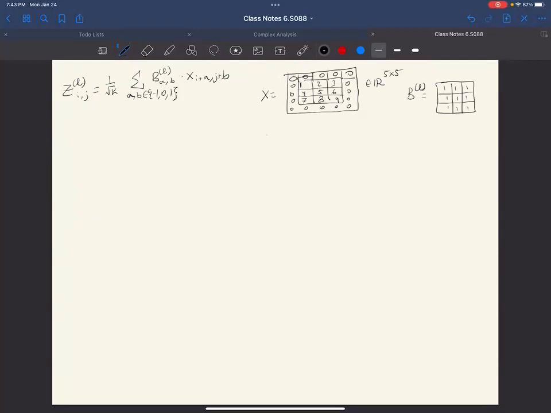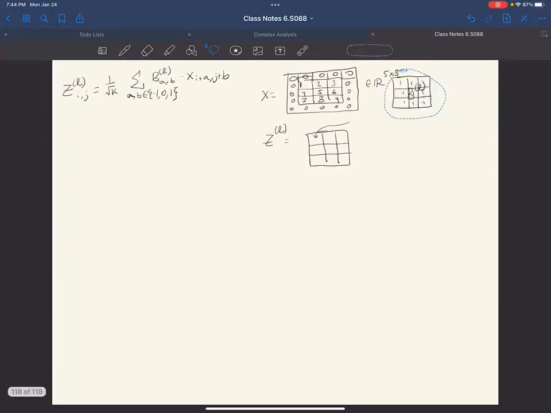So if I want to compute Z at L, what I'm going to get back is a 3 by 3 image. Now this first coordinate here, what I do is I will literally take this filter here and slide it over this 3 by 3 position, and just do this element-wise dot product. So what I'll get is 1 times 0. So it's in the upper left corner. I'll in fact highlight the region here in blue.